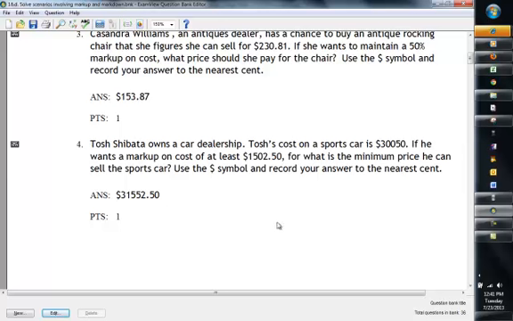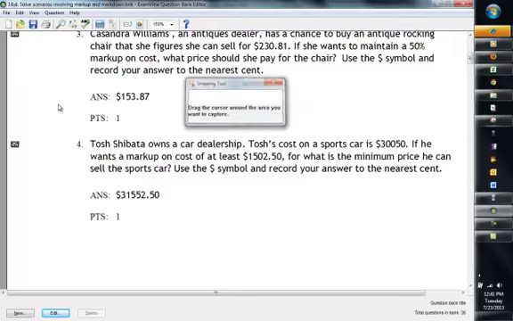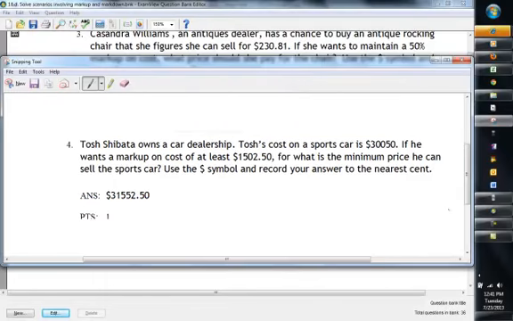Tosh Shibata owns a car dealership. A sports car costs $30,050. If he wants a markup on cost, so once again, we've got to calculate markup on cost. This is the base. And he wants to mark up at least $1,502.50. For what minimum price can he sell the sports car?